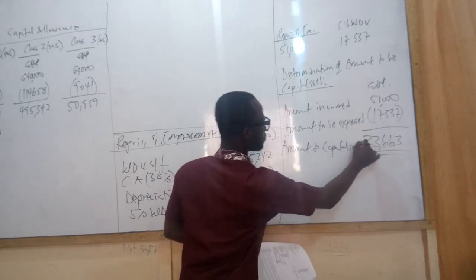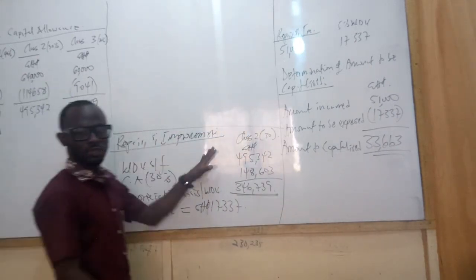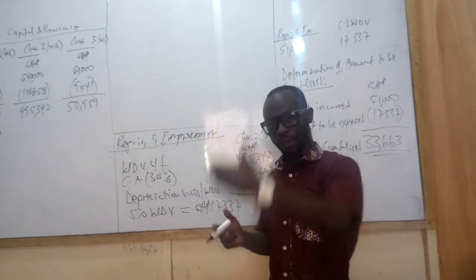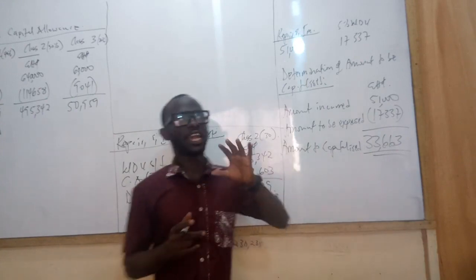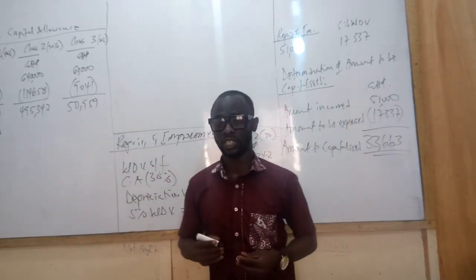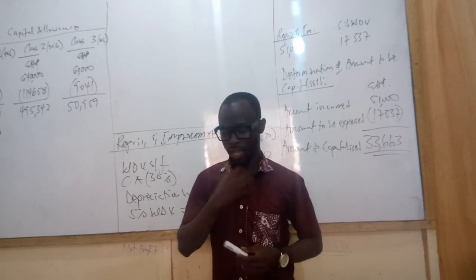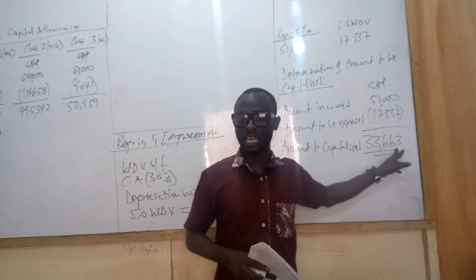Sounds good? So please make sure you get this working well. When there is a repair, an improvement, we need to find out how much of that we can capitalize, as we saw in the previous examples that we did in the previous video. So right now, we can capitalize this.